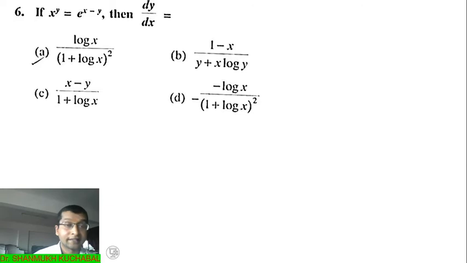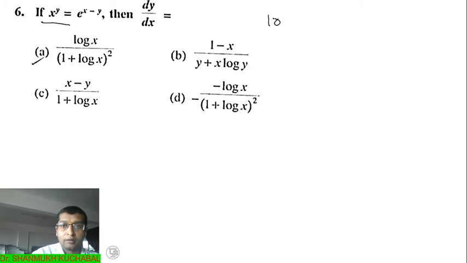Example number 6. The given expression is x raised to y equal to e raised to x minus y. See, here we observe that x is a variable and the y power is also a variable. If it is a variable raised to a variable, then we have to take a log on both sides.